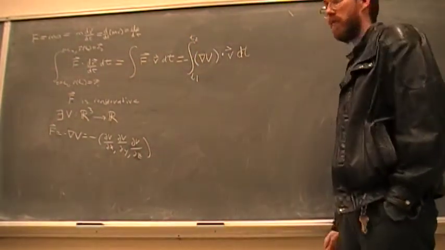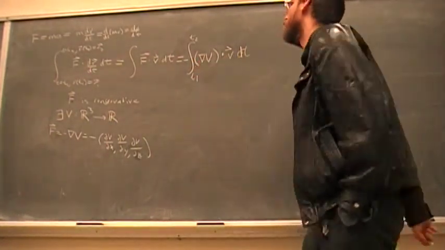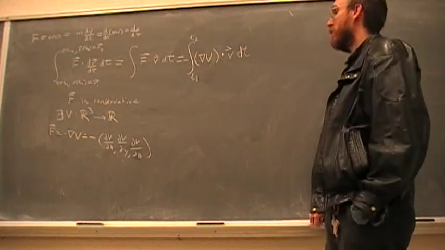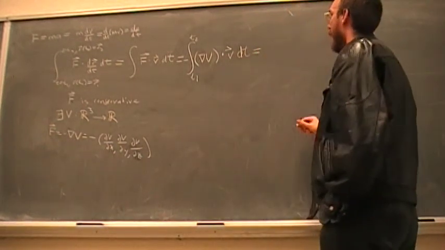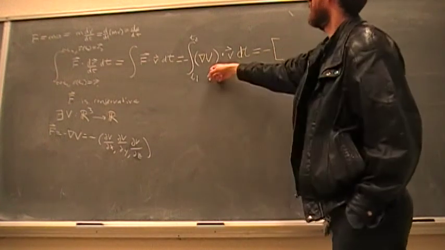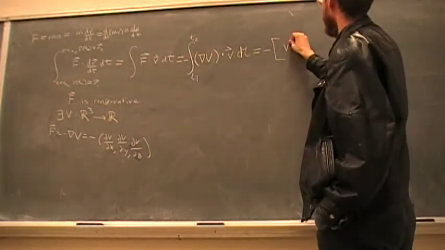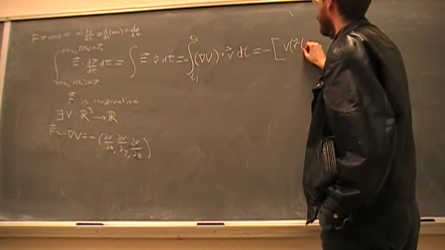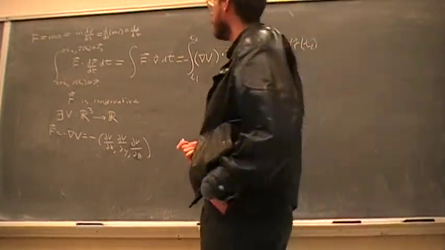And now we have a neat result from line integrals. It says if what you're integrating is the gradient of something, this is just going to be equal to the difference of the two points. So here's the line integral, so find the evaluation here. So that's V of r of t2. Remember I said you could take lots of different paths?